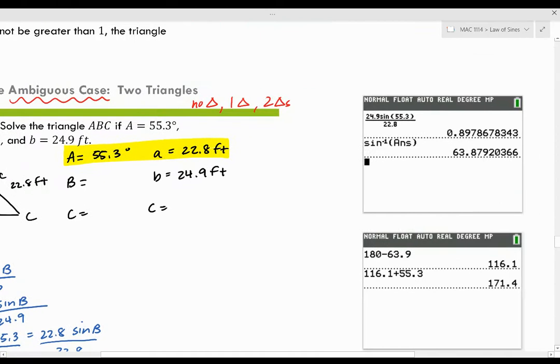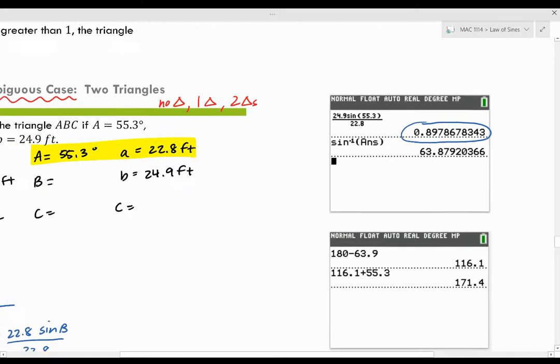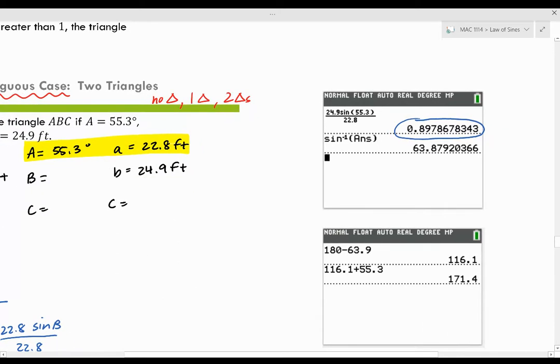So I need to figure out what that equals. When I plug that into the calculator, I get this value. Remember, your calculator needs to be in degrees. When I get that decimal, it's going to tell me one of three things. If sine of theta is greater than 1, that means I have no triangle. If sine theta equals 1, that means I have one triangle, and it's a right triangle.